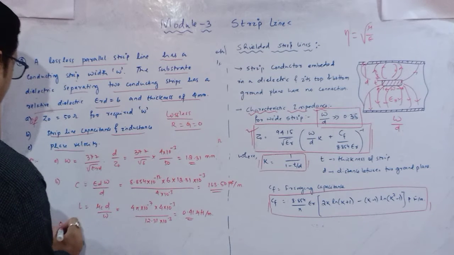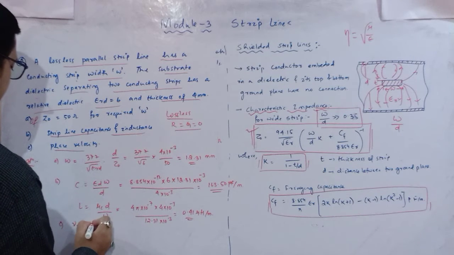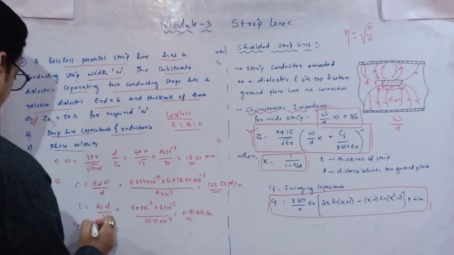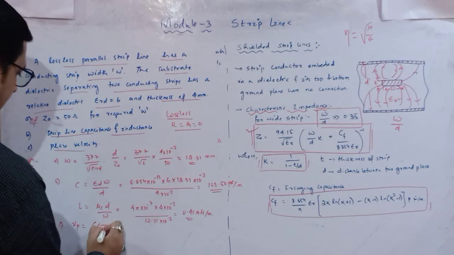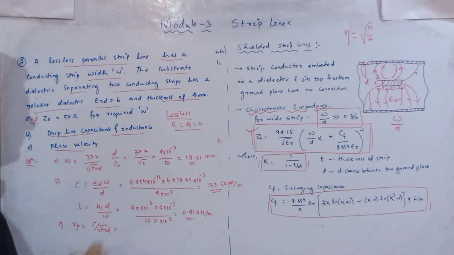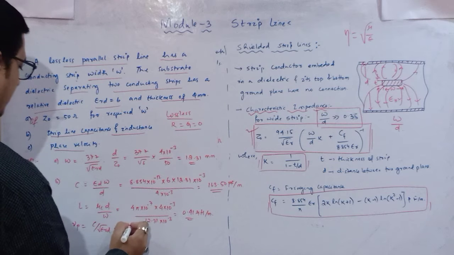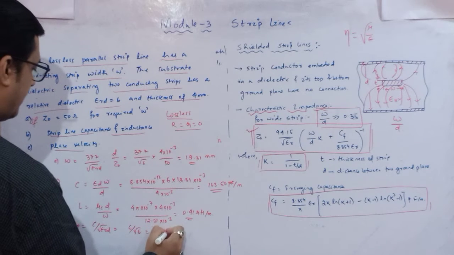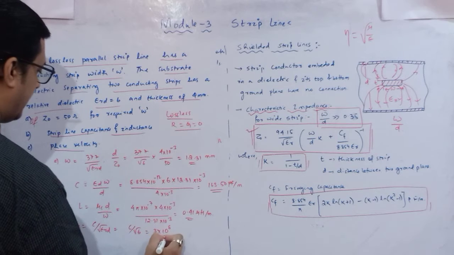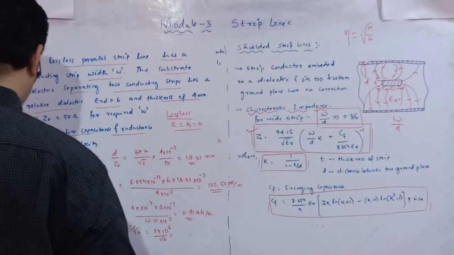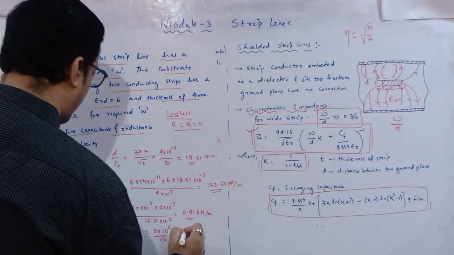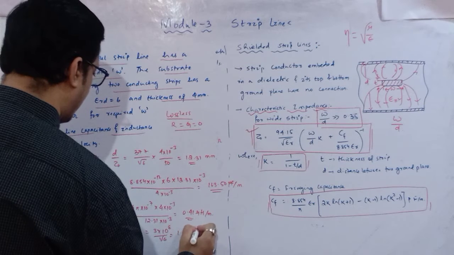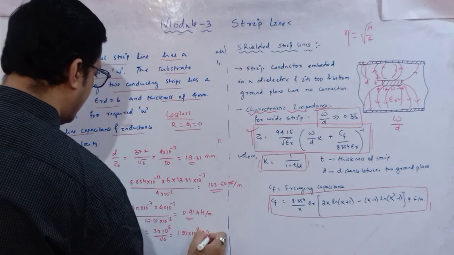And the last one, what is the phase velocity? Phase velocity I can write directly as C divided by root epsilon RD. Epsilon RD is 6, so it is 3 into 10 to the power 8 divided by root 6, which equals 1.22 into 10 to the power 8 meter per second.